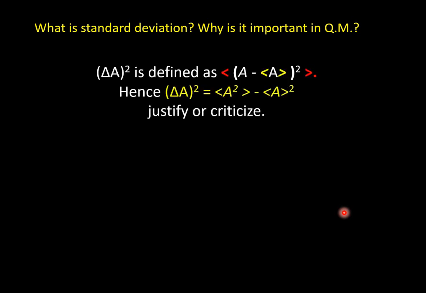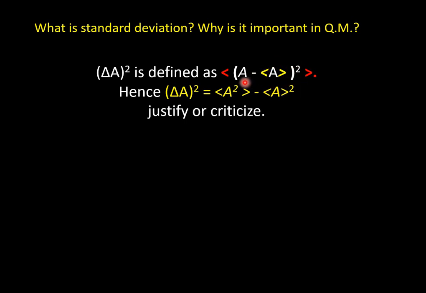First of all, mathematically, what is the prescription for the definition of this standard deviation, delta A? First, let us call delta A square the variance, and this is defined as an average quantity. Average of what? Average of some square. What square?